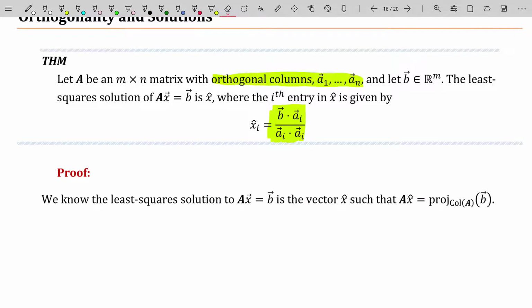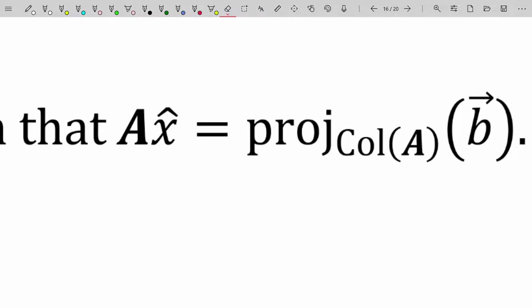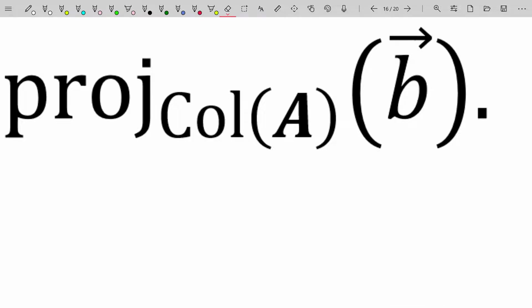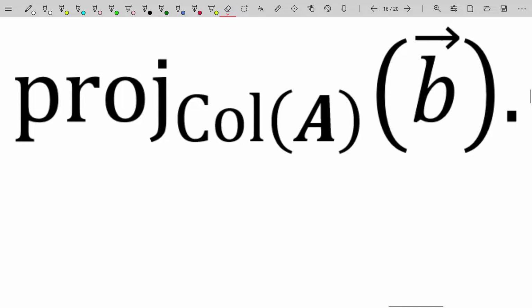Well, first of all, we happen to know that the least squares solution to AX equals B is the vector x hat such that A times x hat is the projection of B onto the column space of A. That's not that big of a deal. However, because the columns of A are orthogonal, we can actually write a decomposition of this projection vector in terms of those orthogonal vectors.